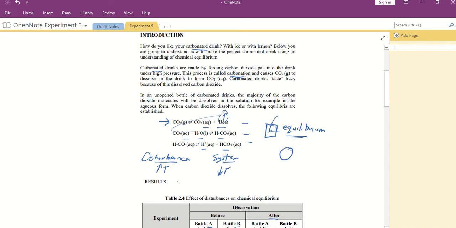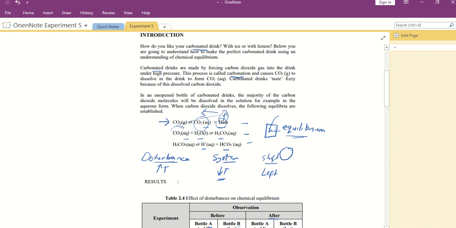To do that, it will go to the left side. CO2 in aqueous uses heat to form CO2 in gas. So the system will shift to the left. It will use heat to form CO2 in gas, and by using heat, the temperature will decrease.